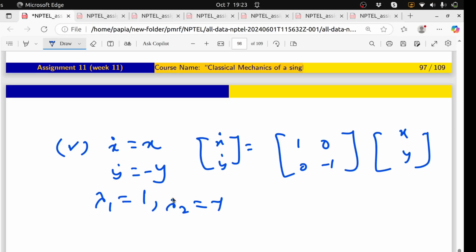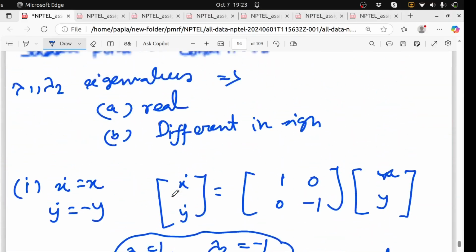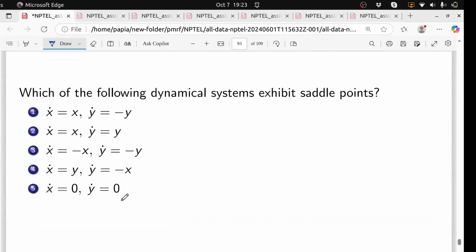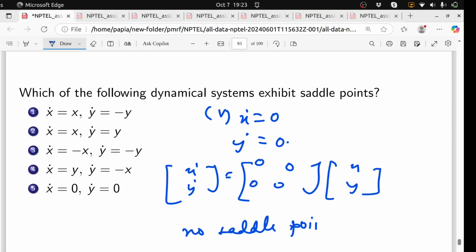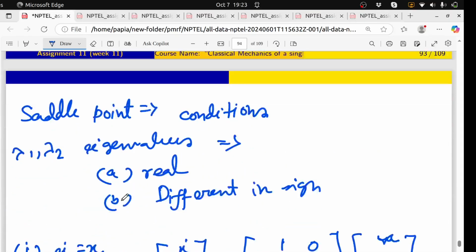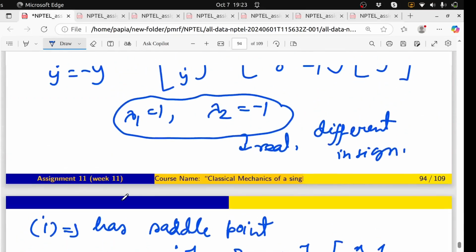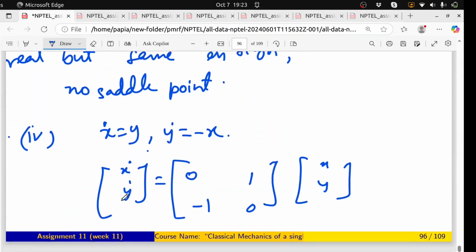Okay, no, this one has already been done. So the fifth one is this one, sorry. x dot equals 0, y dot equals 0. So x dot, y dot, this would be the matrix 0 0 0 0. There is also no saddle point. So the option is correct only for the first one.